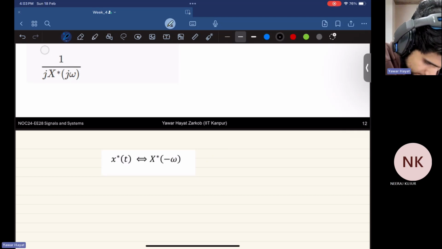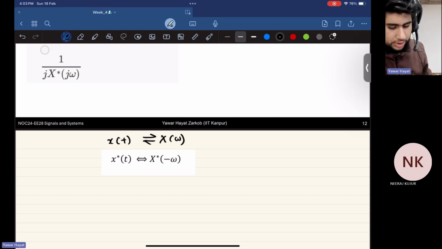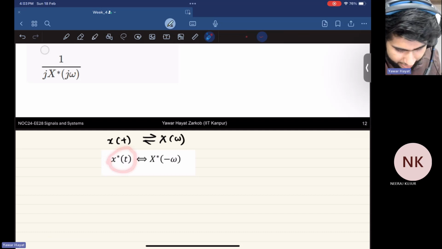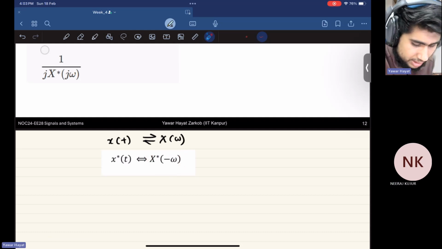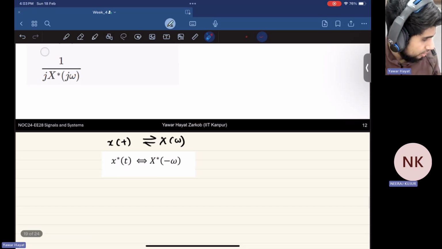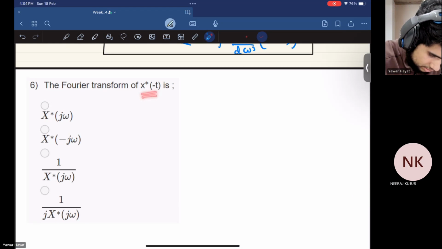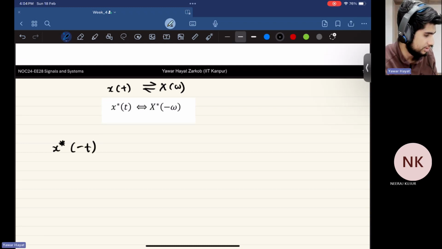Given x of t and x of omega, if we conjugate the signal in time domain, in the frequency domain, we need to conjugate the signal along with this time reversal. Given that you know this, what should be the answer of this one? What about this signal, the conjugated signal with a time reversal?